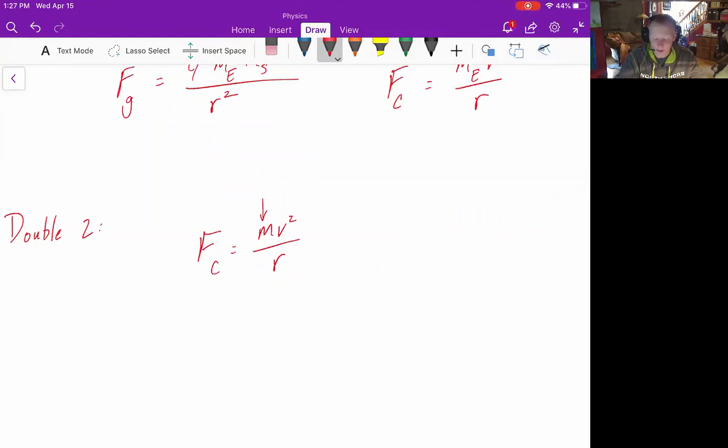Well, we know that Earth's gravity is expressed as m times g. These two now have to be equal. And that's what makes these two questions doubles rather than singles. The actual calculation isn't very hard, but the recognition that those two things are describing the same force is the tough part.